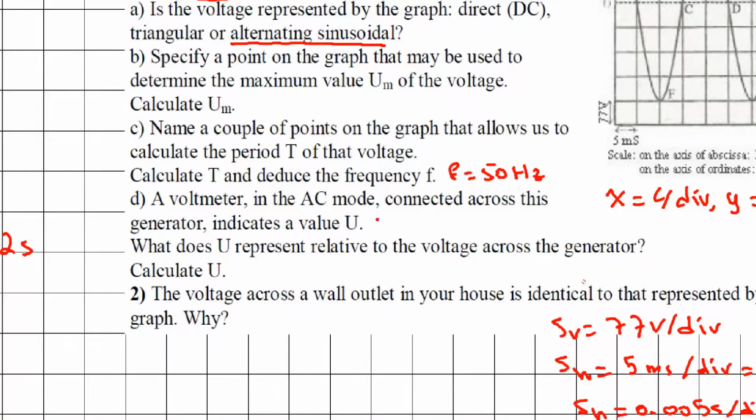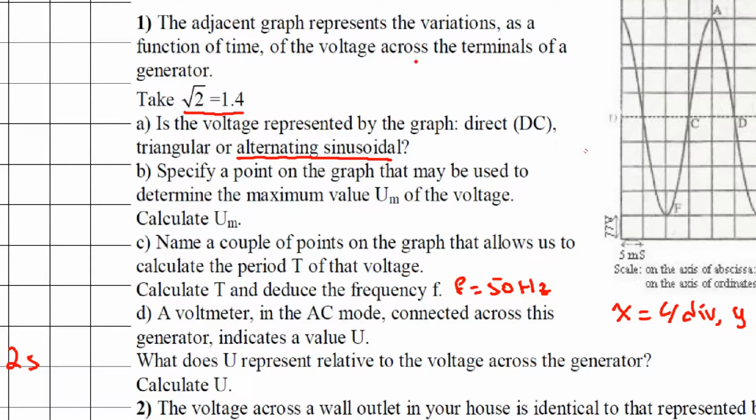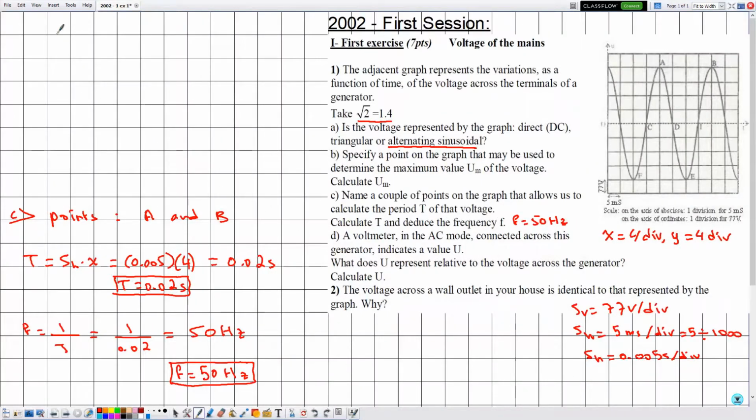Part D, a voltmeter in the AC mode connected across the generator indicates a value U. Because we are measuring the voltage across a generator which is alternating sinusoidal, we have two voltages, given by UM or U effective. They are asking what U represents relative to the voltage across the generator. For sure it is U effective, because it is the one that makes the effect. The voltmeter doesn't measure the maximum voltage.